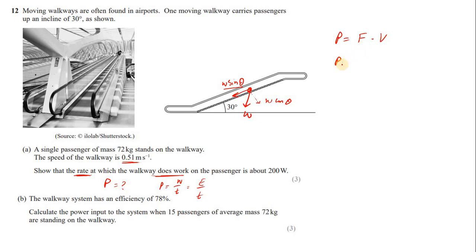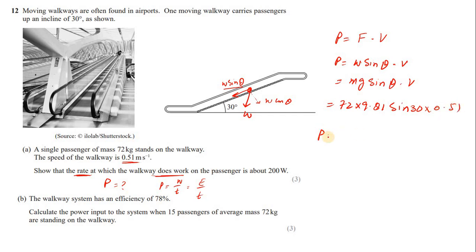So P is equal to force, which is W sin theta, and W is mg. So P is mg sin theta times v, where m is 72, g is 9.81, sin of 30 degrees, times v, and v is 0.51.